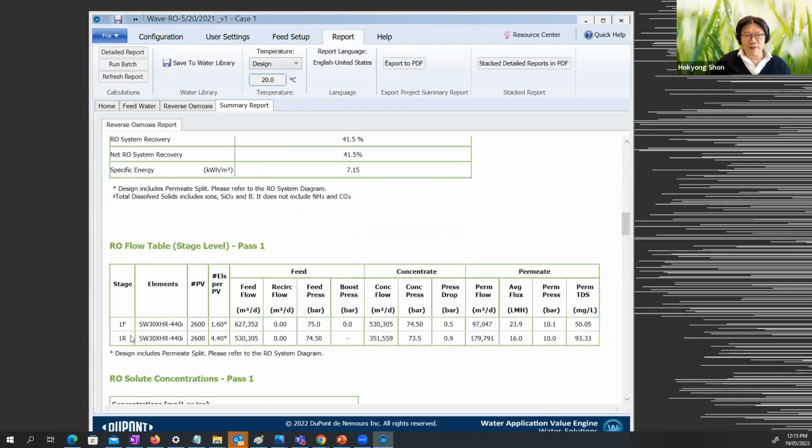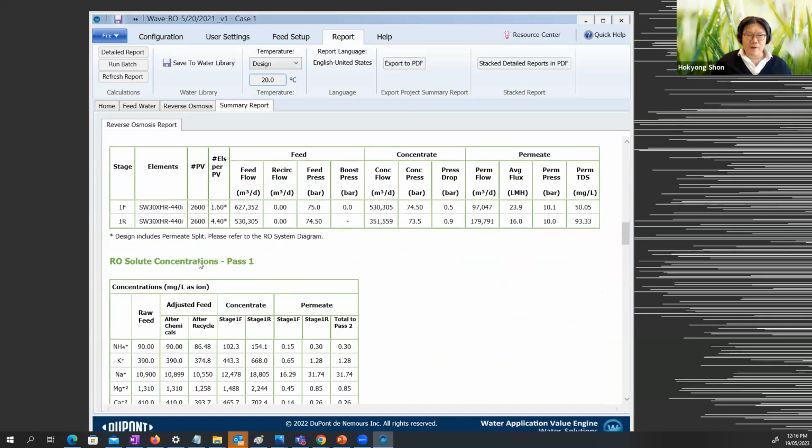With RO, the flow rate is how much water is flowing. The element you select is this one, pressure vessel element. The feed water, you have a different feed water size, concentrate, permeate. So you will get the different results of the permeate pressure, permeate TDS, and then you will get the detail of the pass 1, the RO solute.